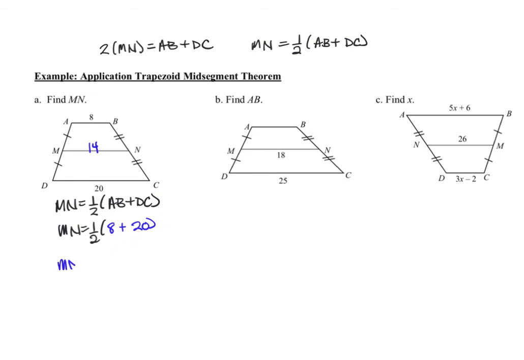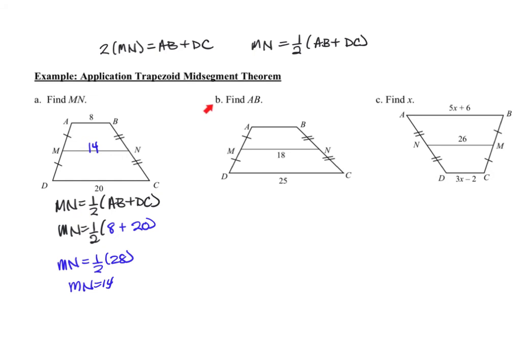So we have MN is equal to 1/2 times 28, and half of 28 is 14. So I just wanted to go through that to show you that the other formula will work, but I know a lot of people don't like fractions, so that's why I did the other one first.